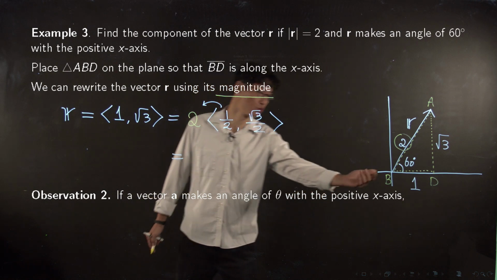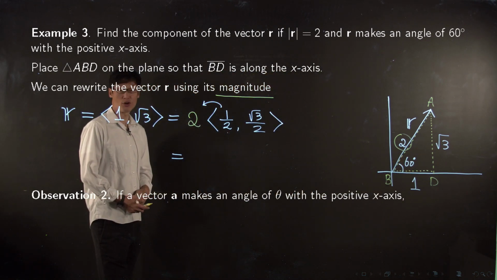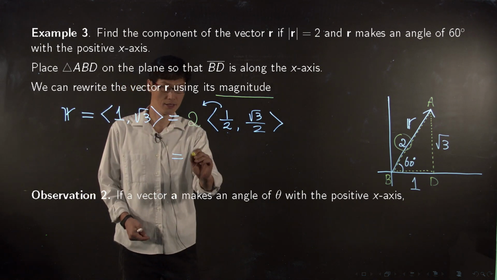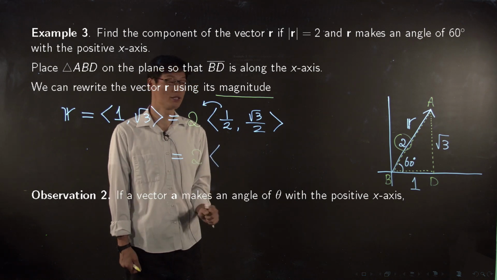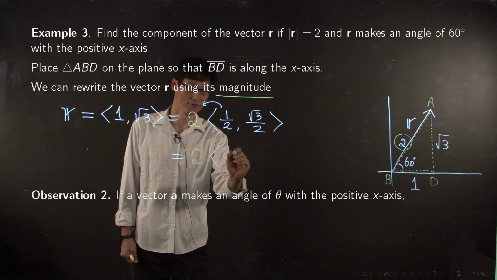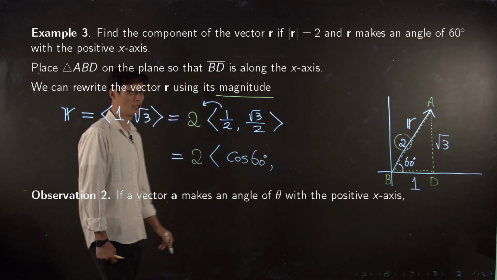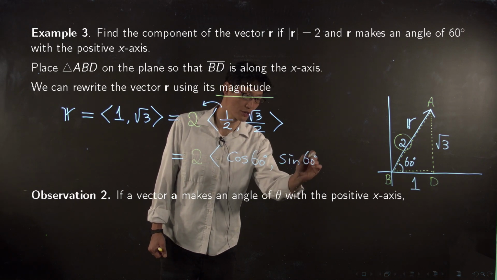Especially you want to use the angle 60. Now you recall trig function values for this angle 60. And you know cosine 60 is nothing but 1/2. So this is cosine 60. And square root 3 over 2 is exactly sine 60.